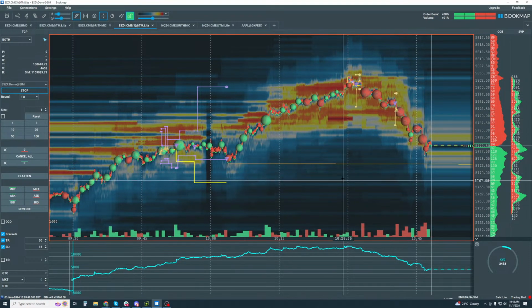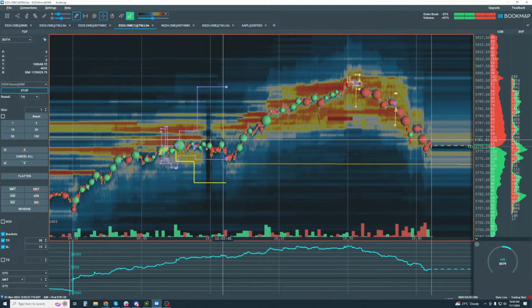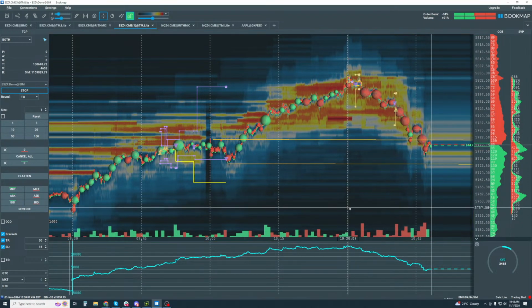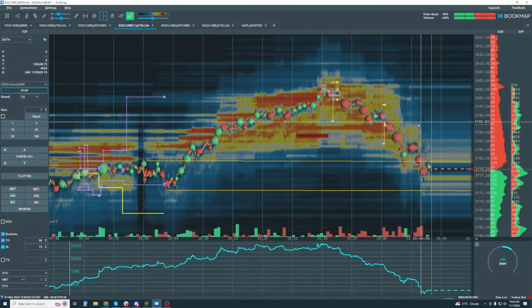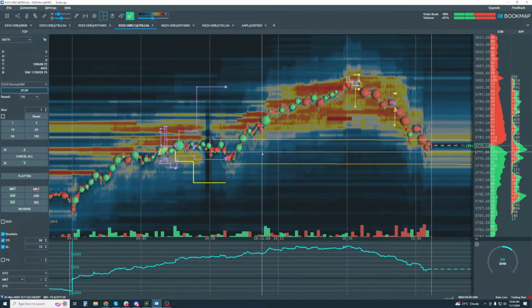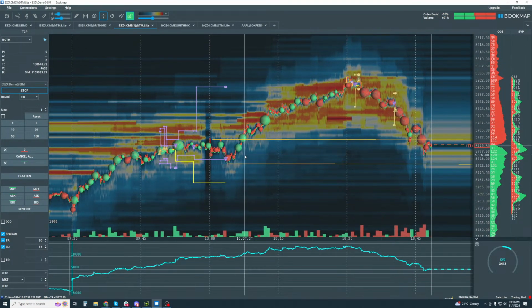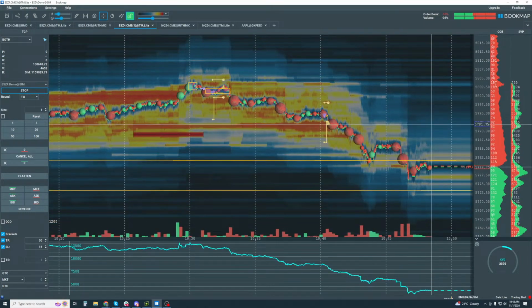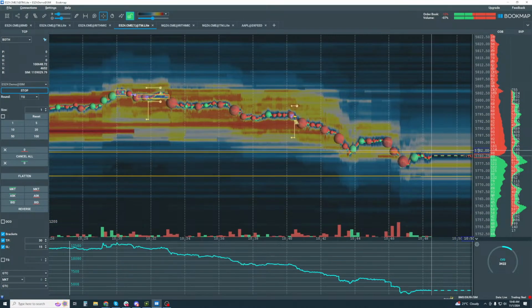So there we go. I'm looking for there, and I'm also looking for this little area in here. Okay, so now we're in that zone. Let's take a look now. What does it look like in this zone?